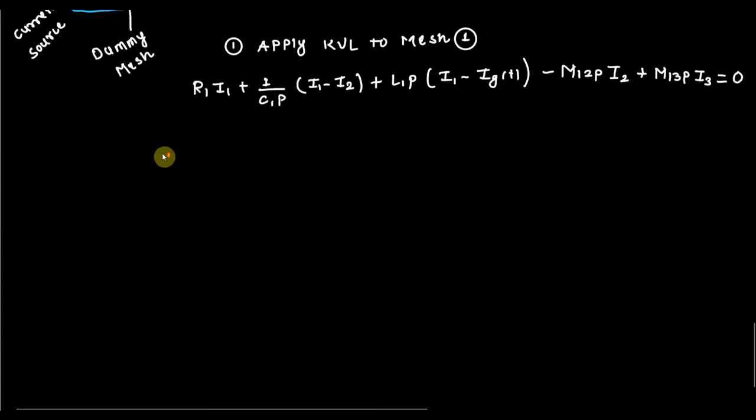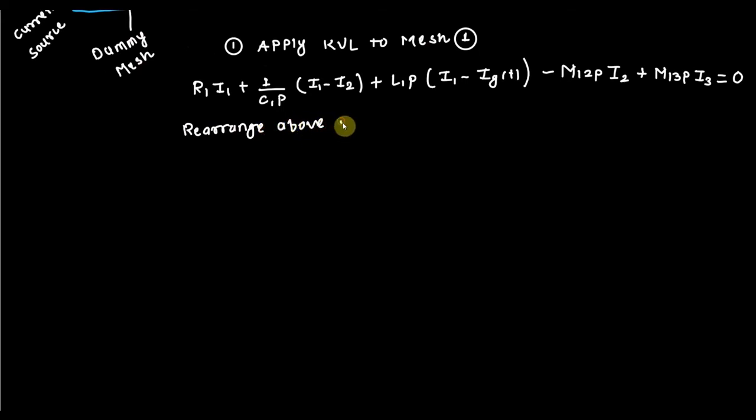Now after that, we have to simply rearrange this equation. So in the next step, we will rearrange the above equation, meaning we will collect the terms of I1, I2 and I3. First we collect the I1 terms.